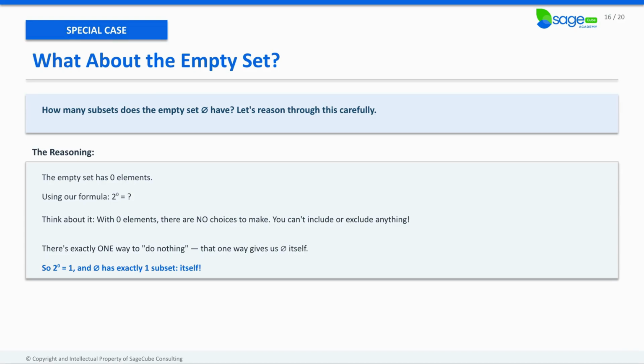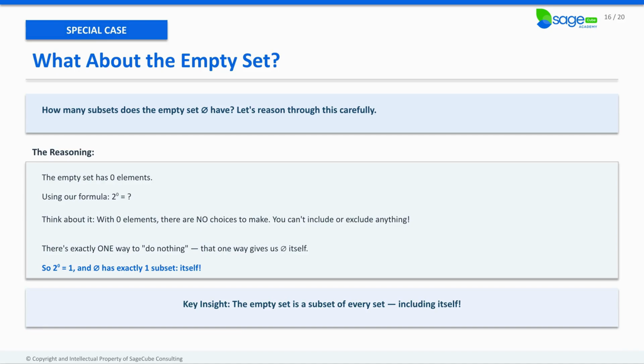Does that make sense? Does that click? Yes, because if I look at the elements inside it, there's nothing in there. So the very first thing is that if I'm listing every set, we begin by listing the empty set. So even for the empty set as well, when we are listing the subsets, we begin by listing that empty set.